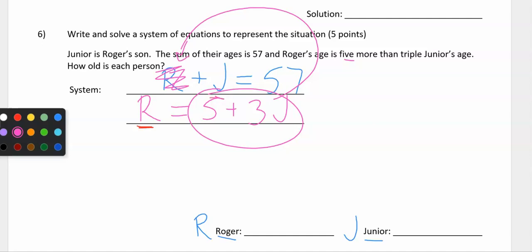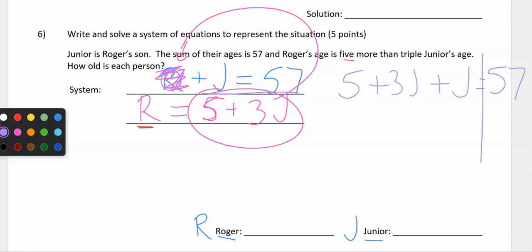Oh my gosh, you guys, this is a 5. There we go. Okay, so this top equation, I'm going to rewrite it. Instead of starting with r right here, I'm going to put 5 plus 3j. Now I'm going to continue the rest of it. Plus j equals 57.